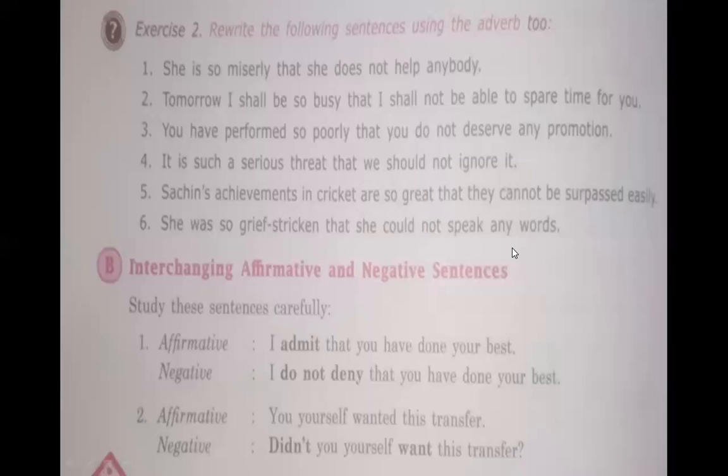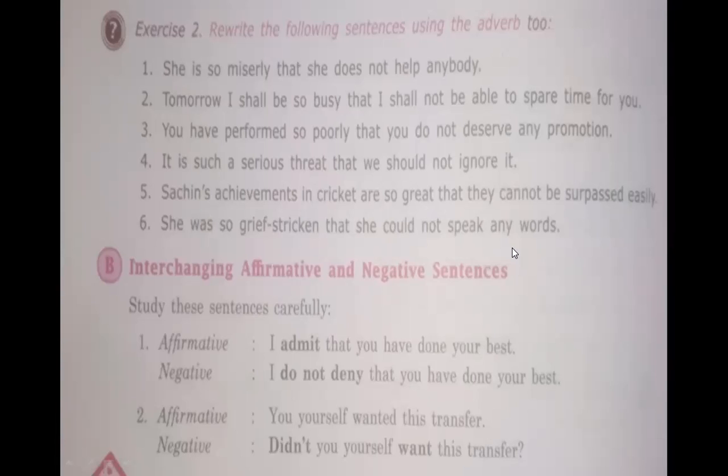First sentence is affirmative. We change it into negative without changing its meaning. I admit that you have done your best. The same sense can be said with the negative sentence also: I don't deny that you have done your best.